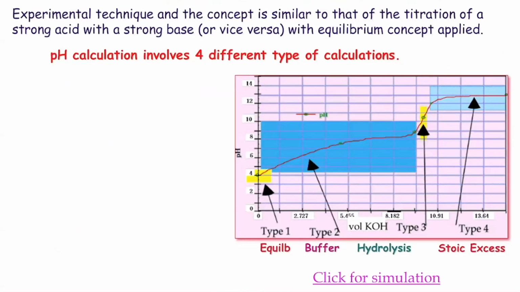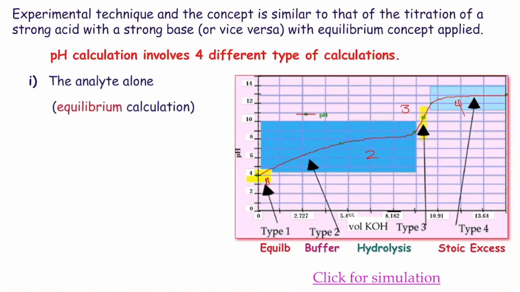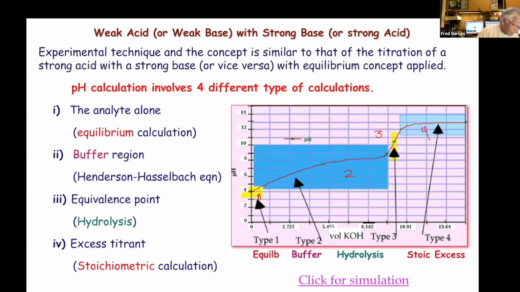Okay, I've got about 15 minutes, so I'm going to somewhat summarize it for you. In this particular problem, this is the titration curve. Notice this is region 1, this is region 2, this is region 3, this is region 4. Those are the 4 types of calculations I showed you. That's basically what we talked about last time.